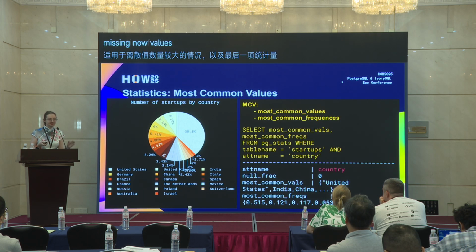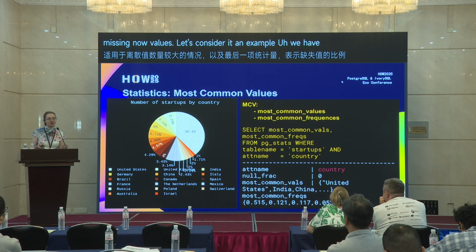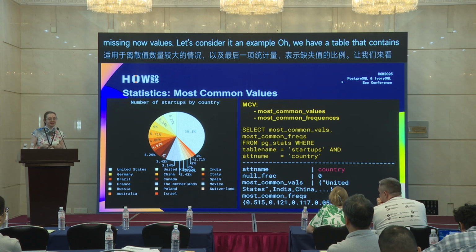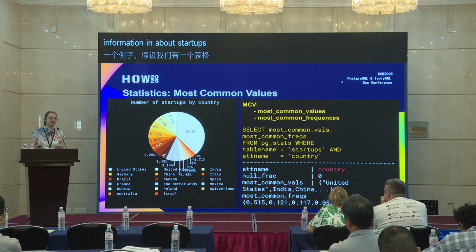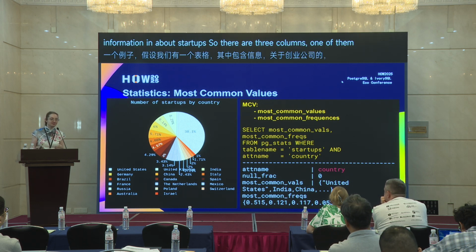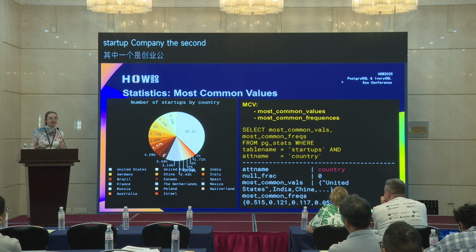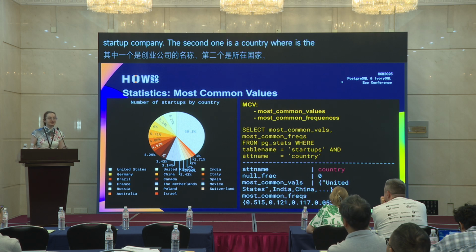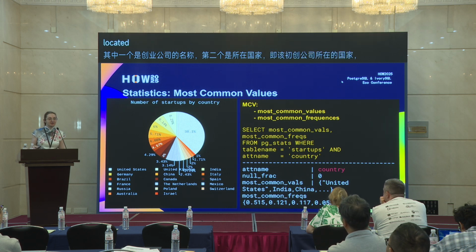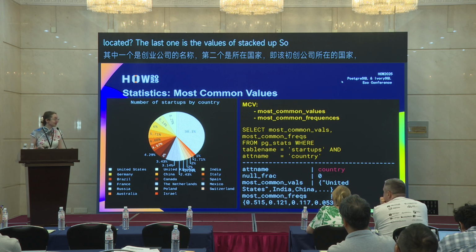So let's consider an example. We have a table that contains information about startups. There are three columns. One of them is the name of the startup company. The second one is the country where the startup is located, and the last one is the valuation of the startup.